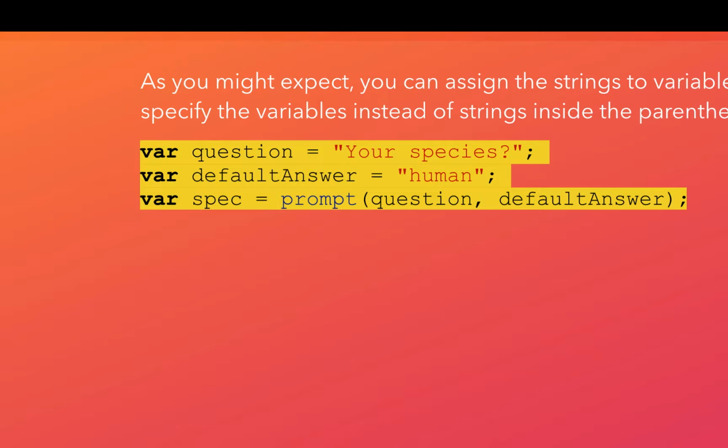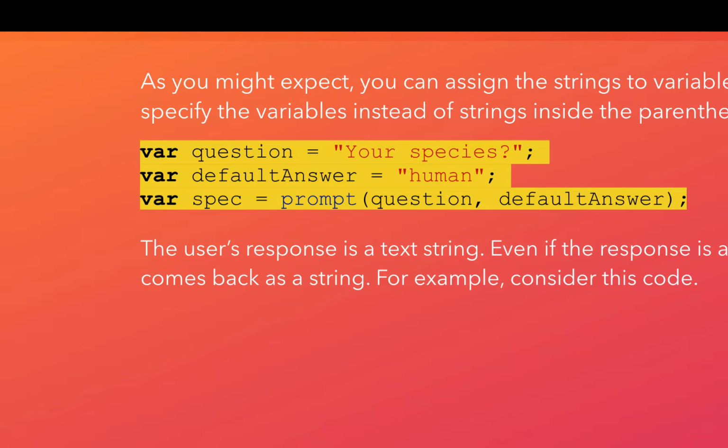So yeah, this default answer thing, the way we supply it is first we put the string with the question, then a comma. Most lists in CSS and JavaScript are going to be split with a comma, and then the default answer. I really don't think you're going to find many situations where you need a default answer, unless you want to save the user time and they just click enter and be done with it.